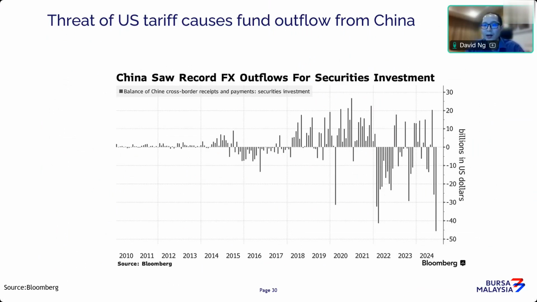So as long as the US still insists on imposing tariffs and China reciprocates with its own, we can see fund outflows away from China will be quite tremendous. But again, these are all foreign flows, and foreign flows to a certain extent may not have much of an impact, but it still remains quite significant.